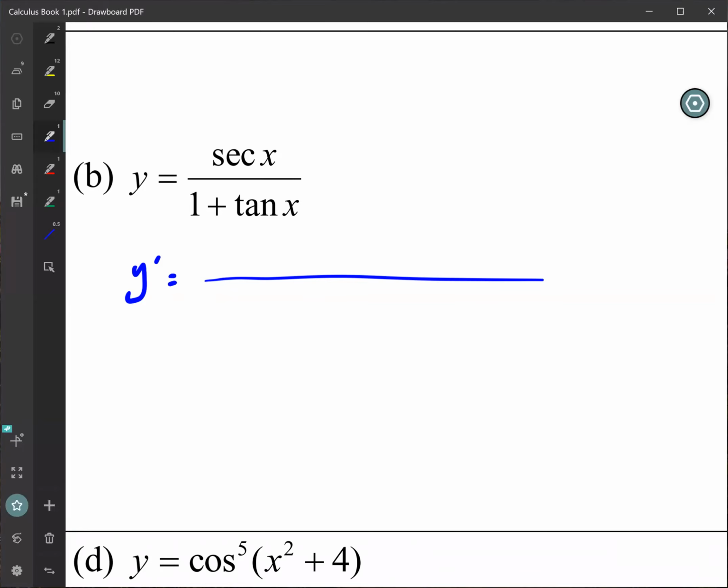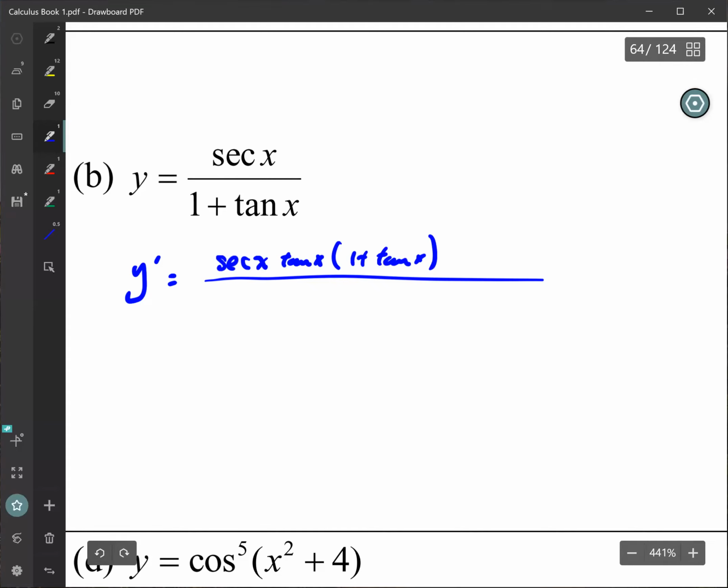All right, let's look at the first line, numerator. After quotient rule, any volunteer for numerator? Jeffy? Sure. Secant x tangent x times 1 plus tangent x, and then minus secant x times secant square x.